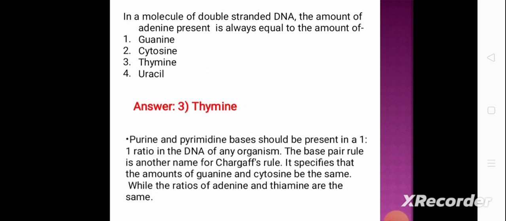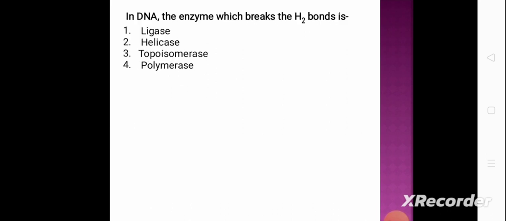Because purine and pyrimidine bases should be present in a 1:1 ratio in DNA of any organism. The base pair rule is another name for Chargaff's rule. It specifies that the amounts of guanine and cytosine are the same, while the amounts of A and T are the same. A always pairs with T by 2 hydrogen bonds and G always pairs with C by 3 hydrogen bonds.